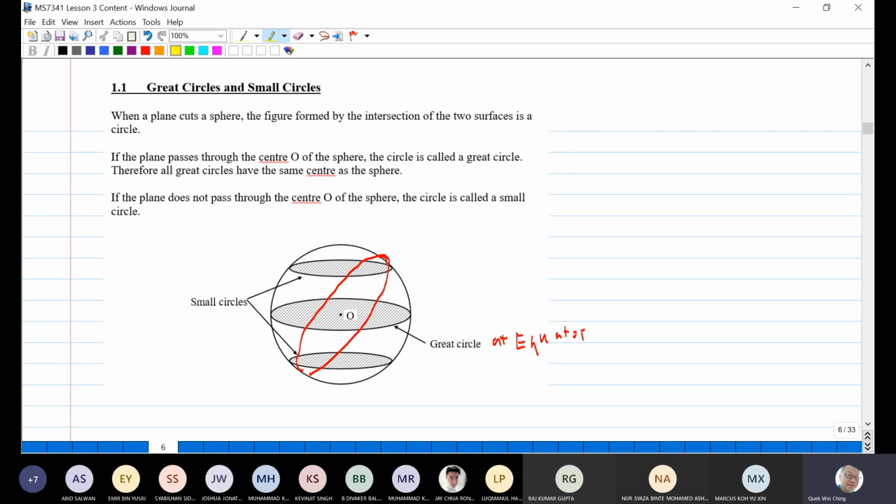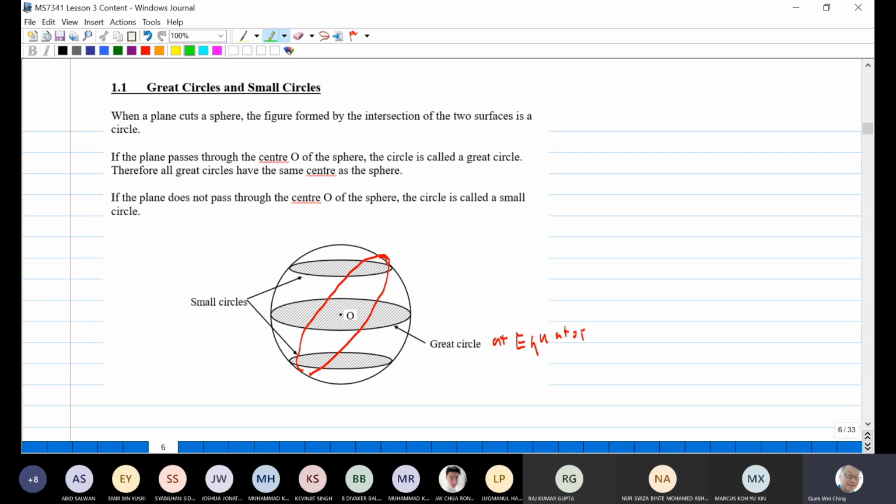So first, we are going to introduce the great circle and small circle. When you cut a plane across a sphere, you usually get a circle. The intersection of two surfaces is a circle. For example, there are many circles here.